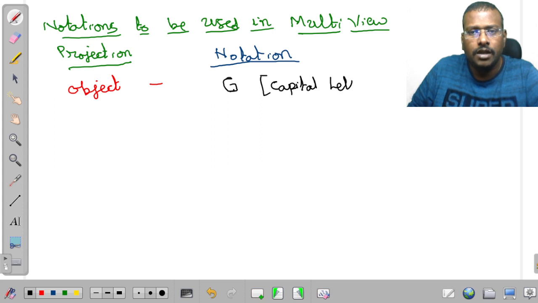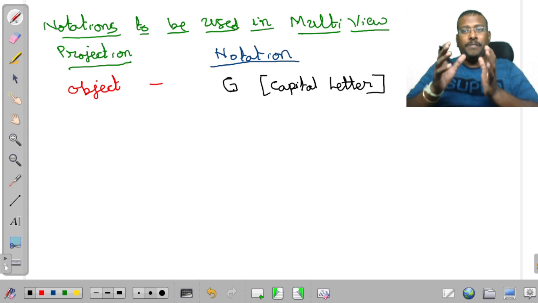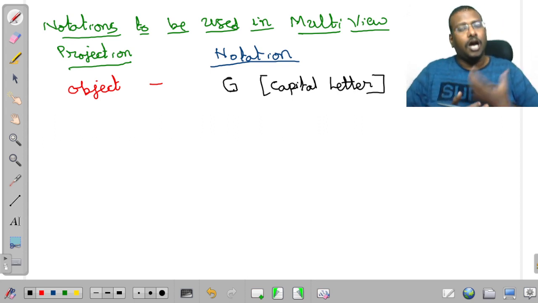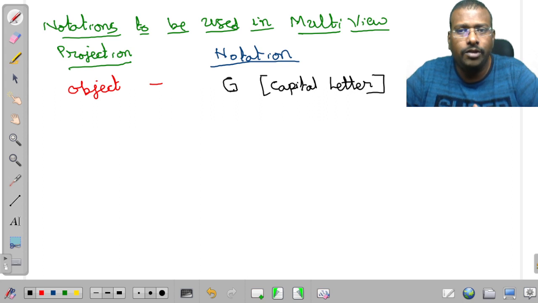The element which is there in the space is considered as the object. It is going to be represented with A, capital A.